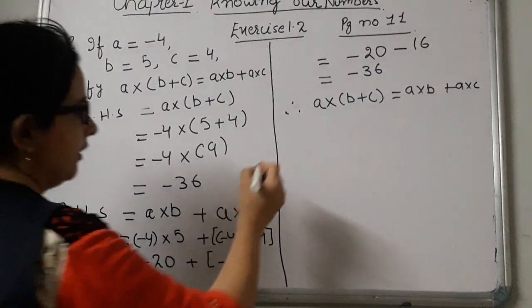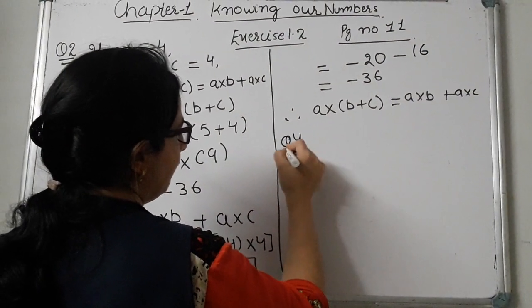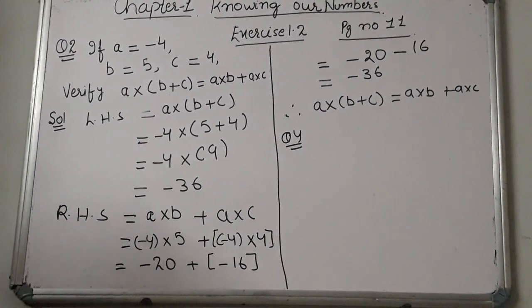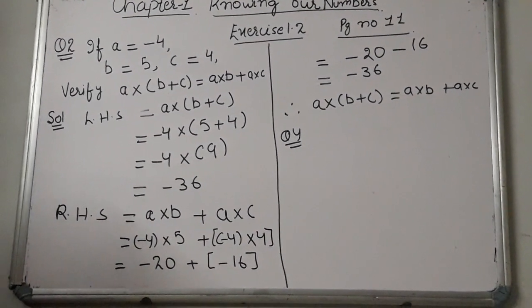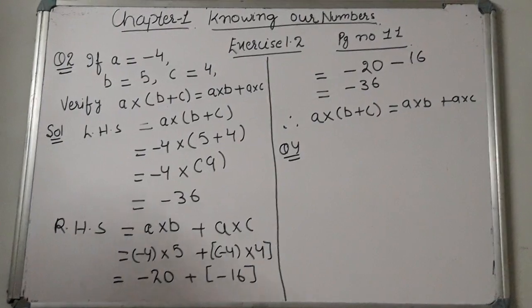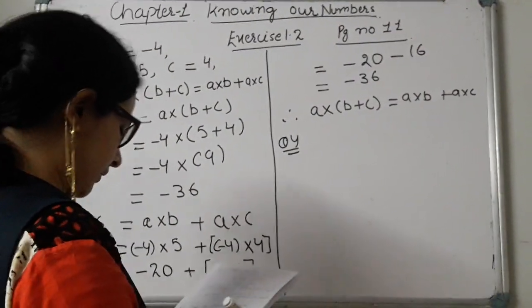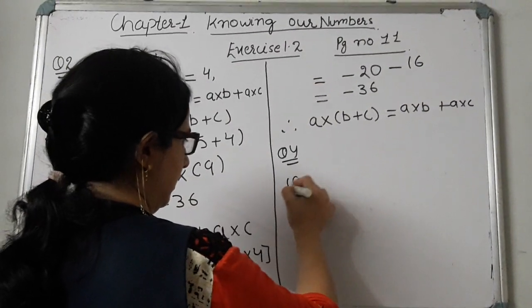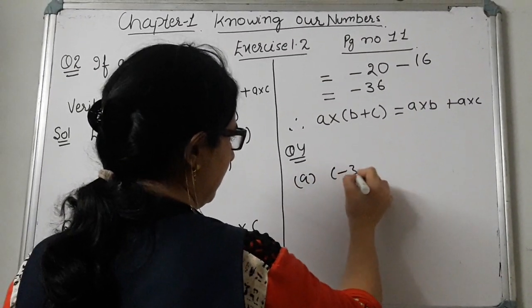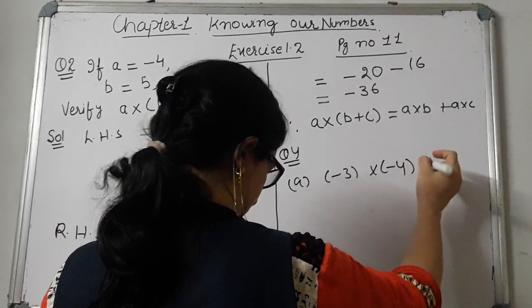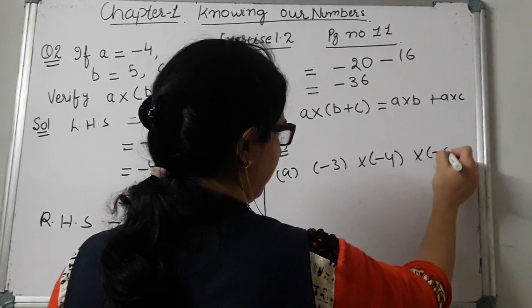Question number 4 is saying to do continued products, meaning there is a continuation of products like 2 into 3 into 4 into 6. Continuously we have to do the product. Now first question, A: -3 into -4 into -5.